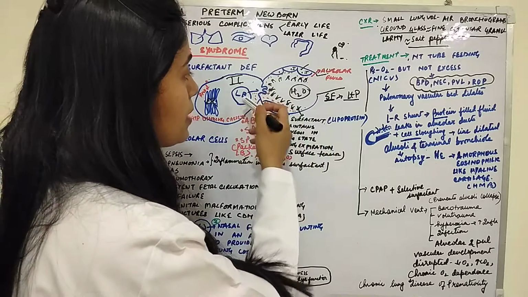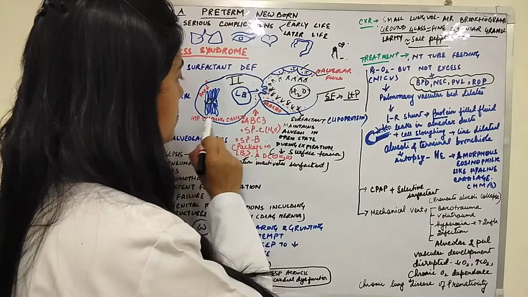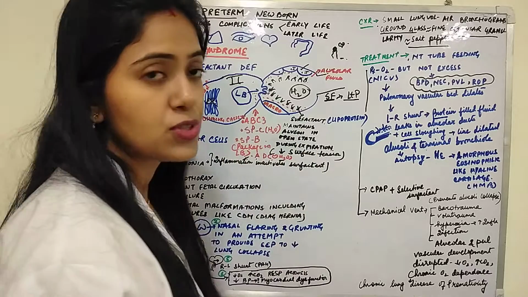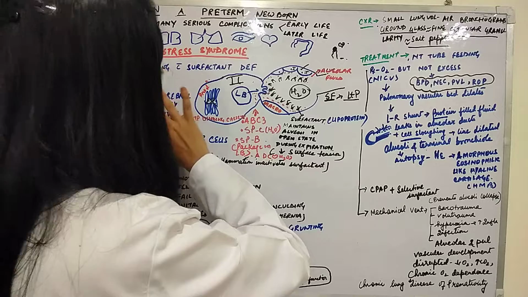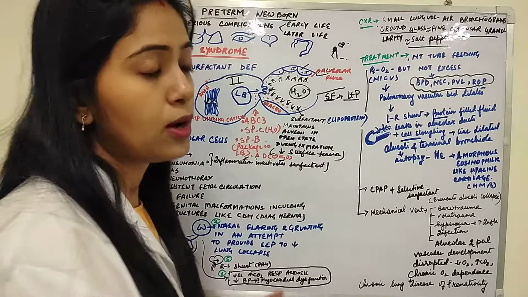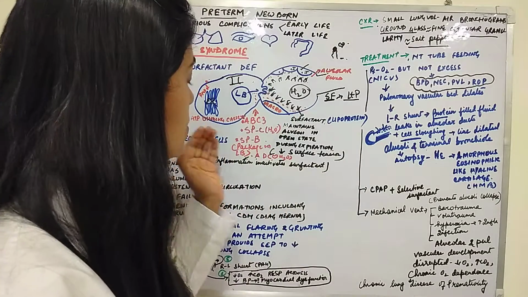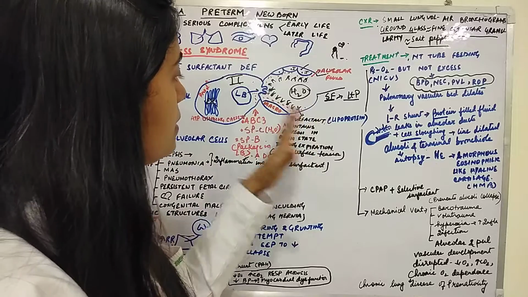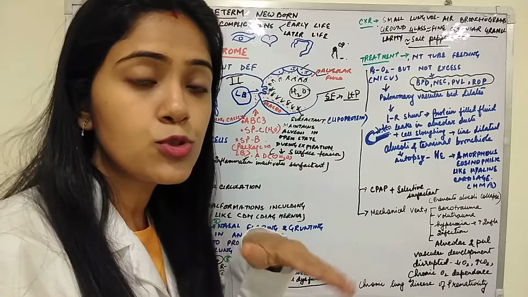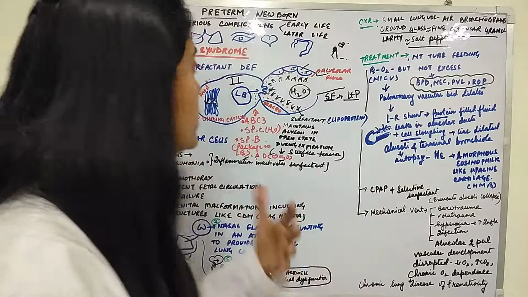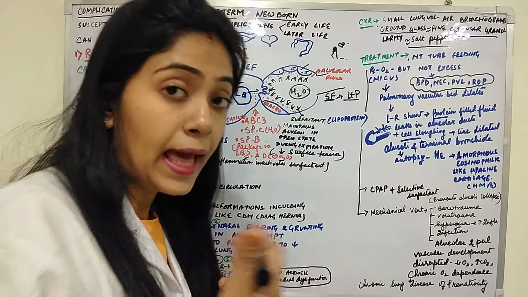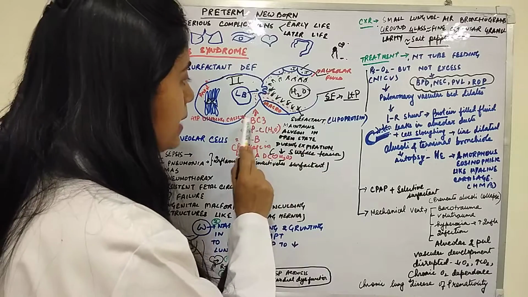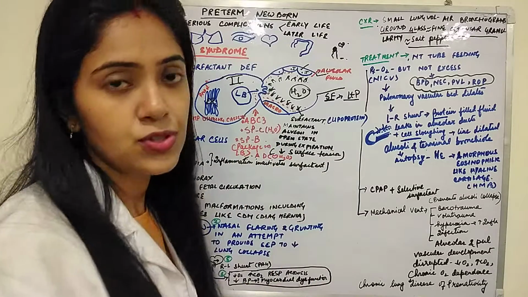So it is not the production but the transport. The ATP binding cassette protein deficiency can lead to situations mimicking the RDS of a preterm. This situation can happen even when the baby is term. So in a term neonate with an RDS kind of scenario, we can think along the lines of ABCA3 protein deficiency.